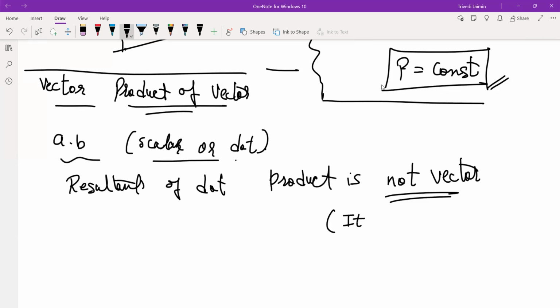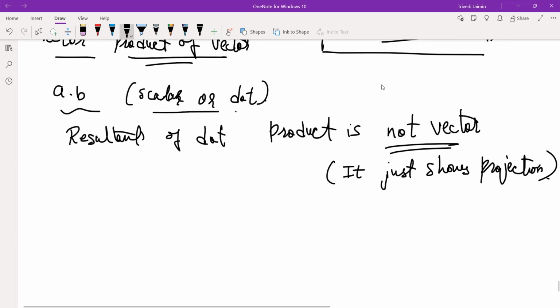So for your notes, you can write that it just shows projection. So properties you know, right? Commutative property.